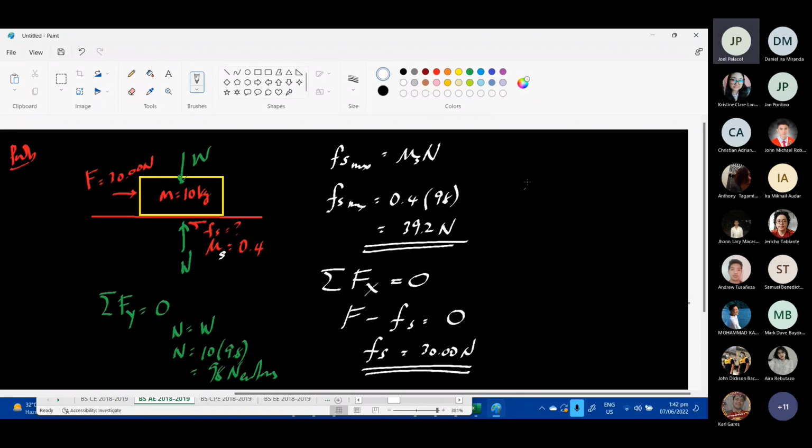So supposing that the applied force F is equal to 40 newtons. What will be the kinetic frictional force given that the coefficient of kinetic friction is 0.3? Anyone?